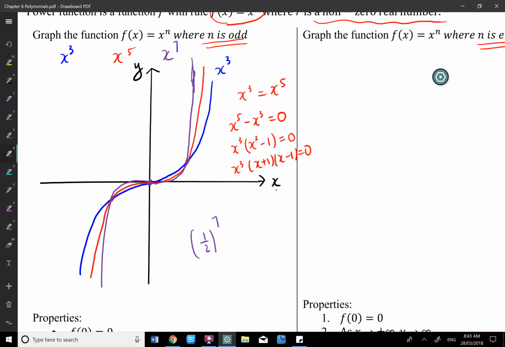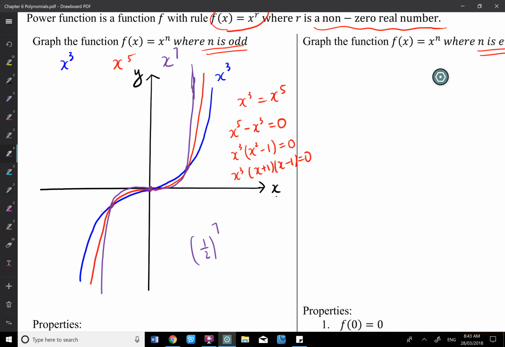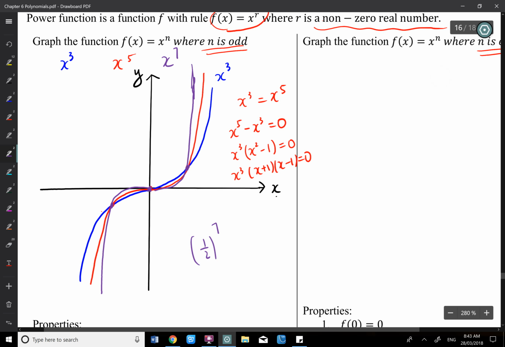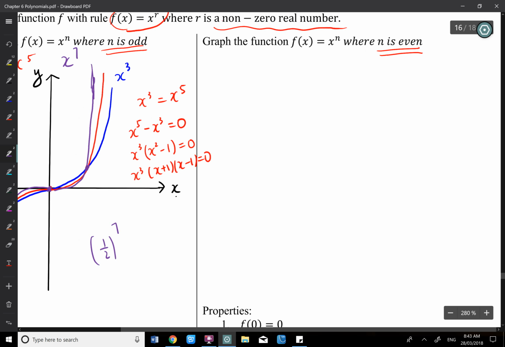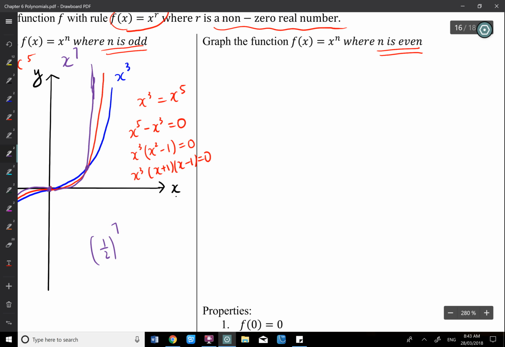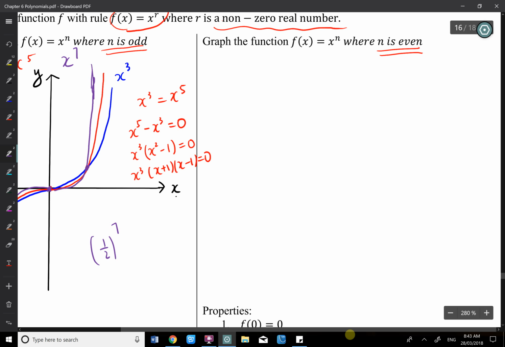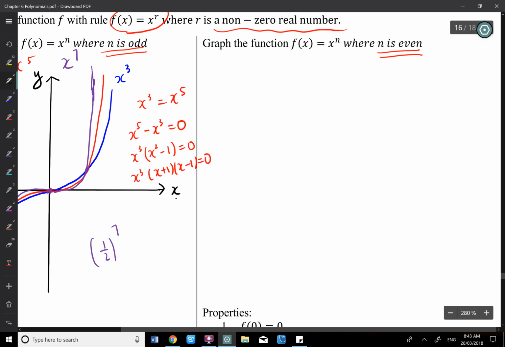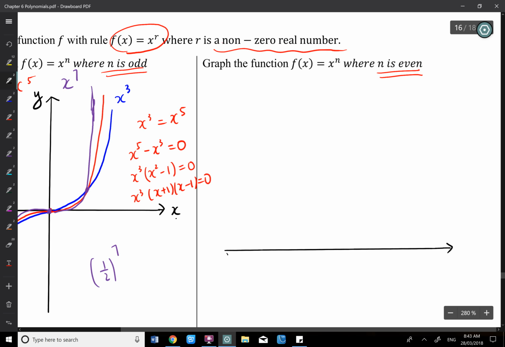So that's the odd function, x to the power of n when n is odd. And let's have a look at the even one. Well, the even one, we have seen. Draw it below because it's not going to go below the axis.